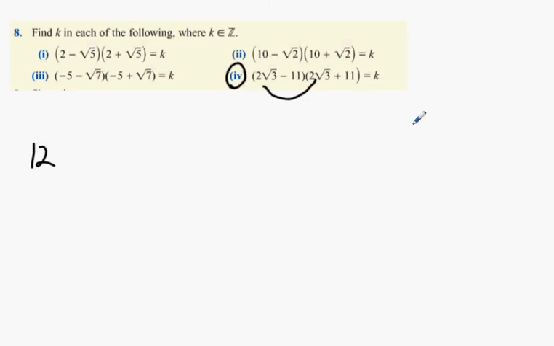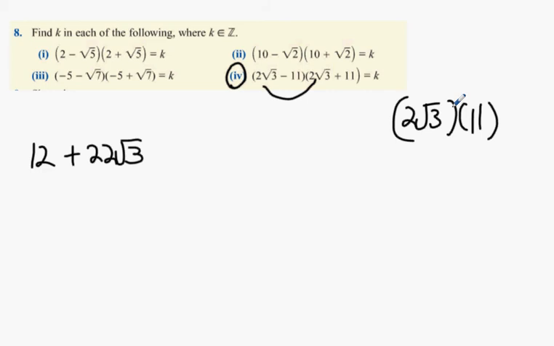Now, 2 root 3, is that a plus? 2 root 3 multiplied by 11, guys? 22 root 3. The 2 gets multiplied by the 11, and you can't multiply it in. In the same way, 2x multiplied by 11 is 22x. That makes sense? Treat the root 3 like an x.